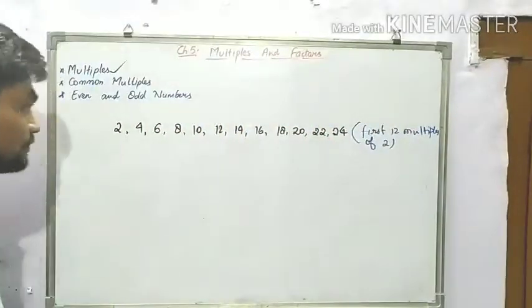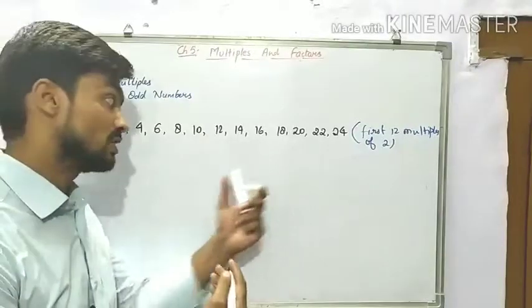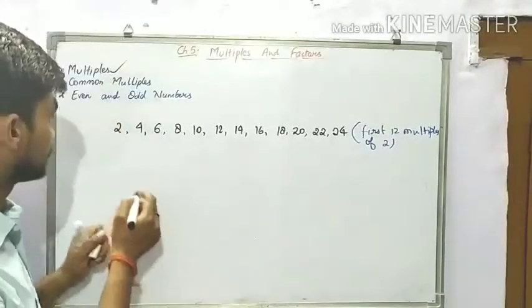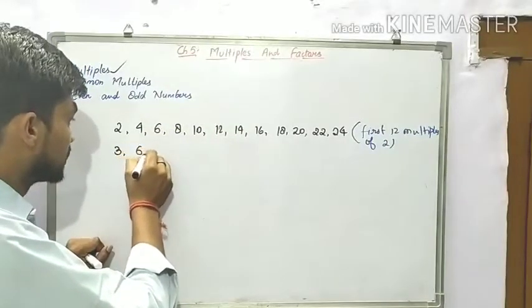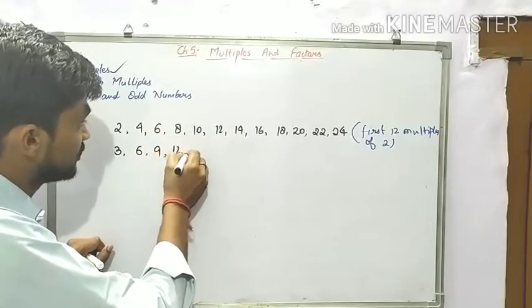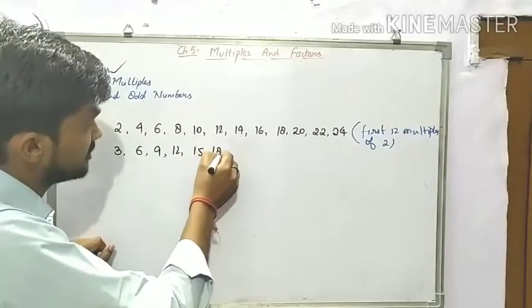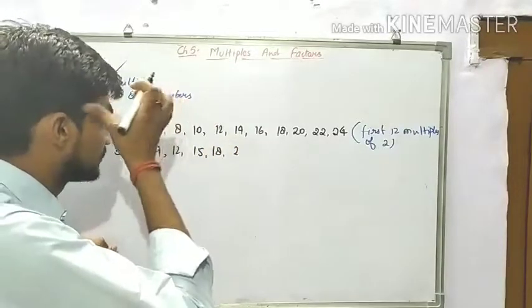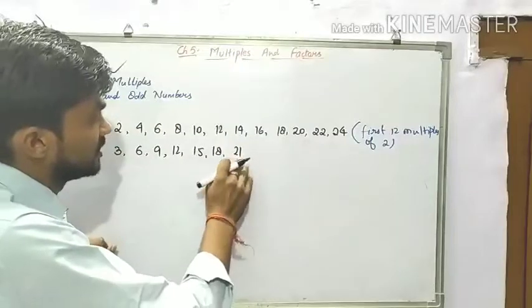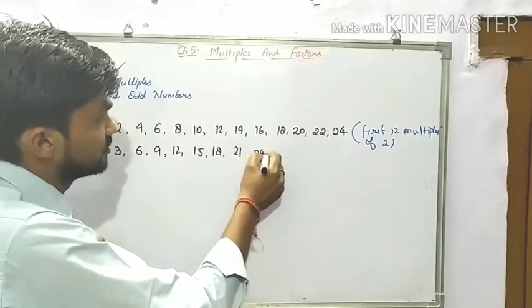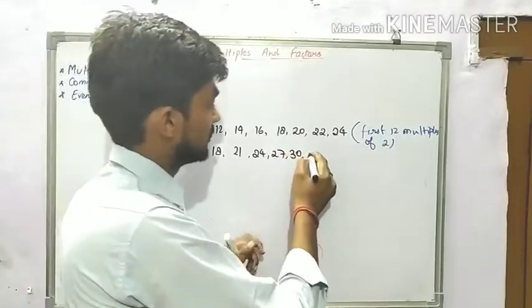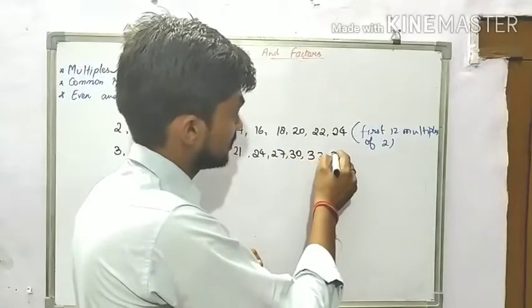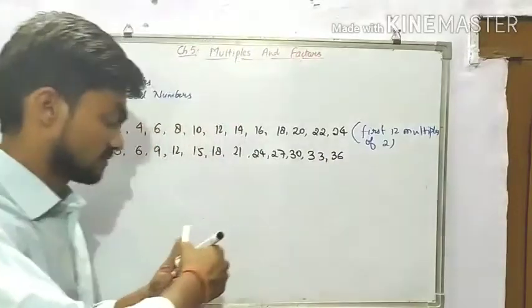Next, I am writing the first 12 multiples of 3. 3 1 ja 3, 3 2 ja 6, 3 3 ja 9, 3 4 ja 12, 3 5 ja 15, 3 6 ja 18, 3 7 ja 21, 3 8 ja 24, 3 9 ja 27, 3 10 ja 30, 3 11 ja 33 and 3 12 ja 36.